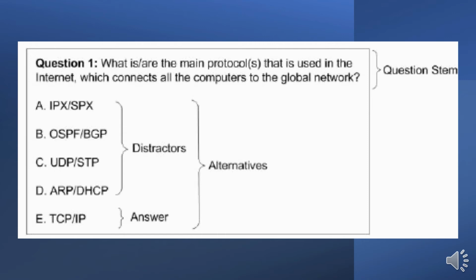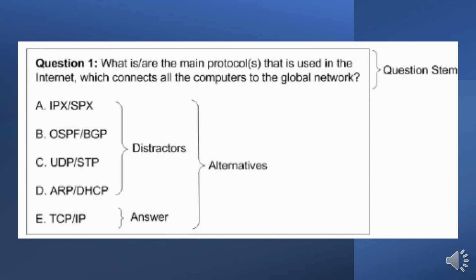However, I still put it there for us to be able to understand our distractors or alternatives better. What is the main protocol that is used in the internet, which connects all the computers to the global network? Main protocol used in internet.